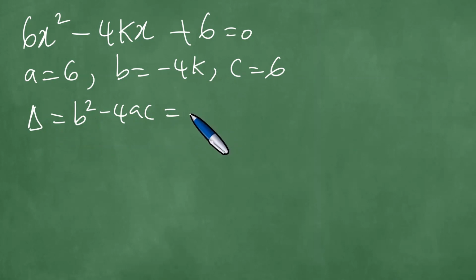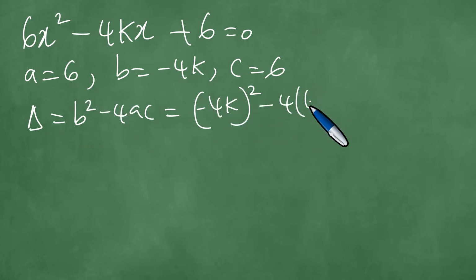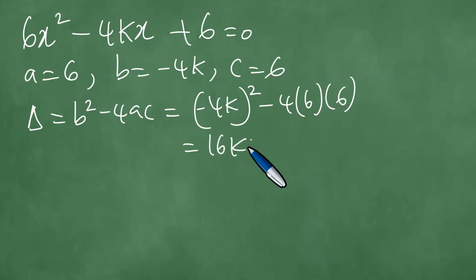Now just substitute everything. The b is minus 4k, you square this, minus 4 times a is 6, c is 6, which is exactly 16k squared minus 144.